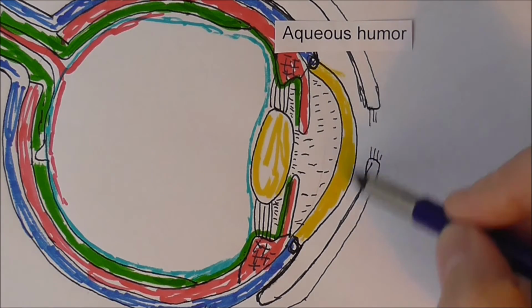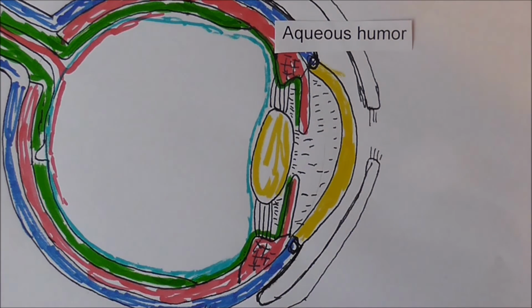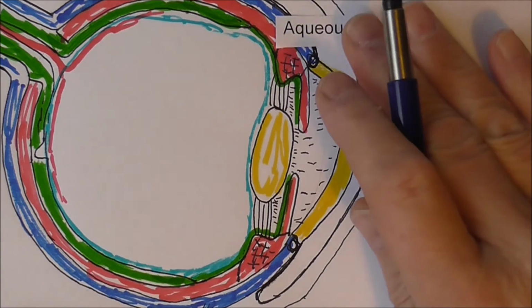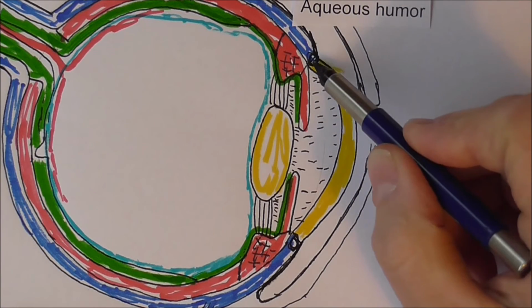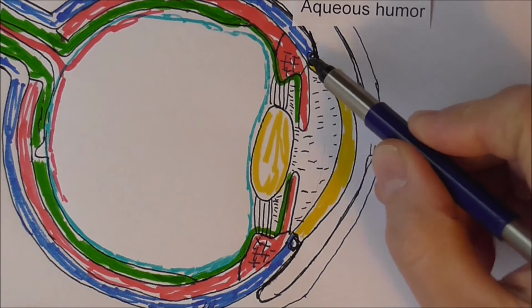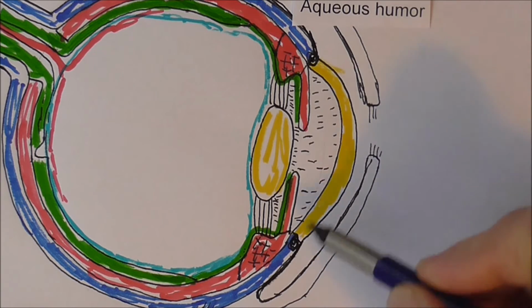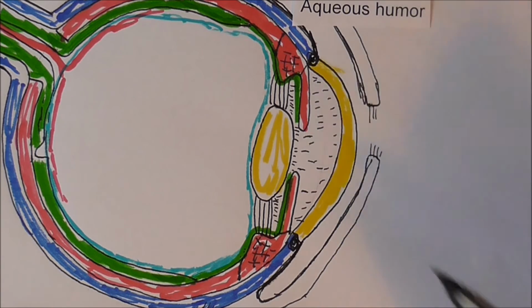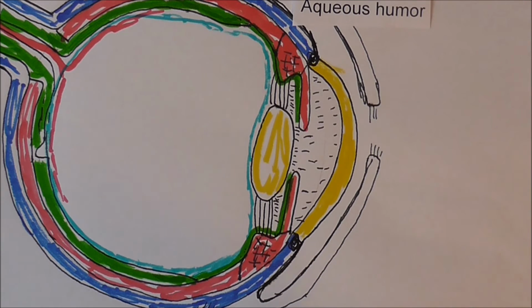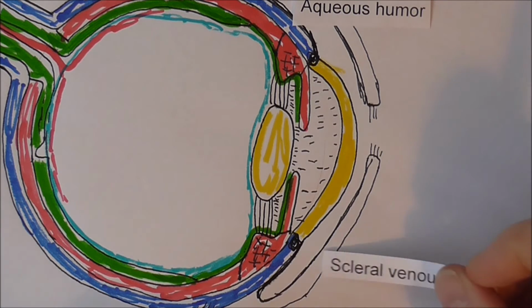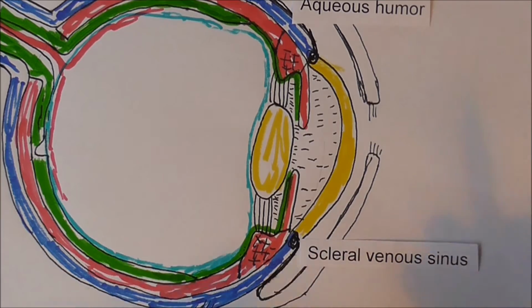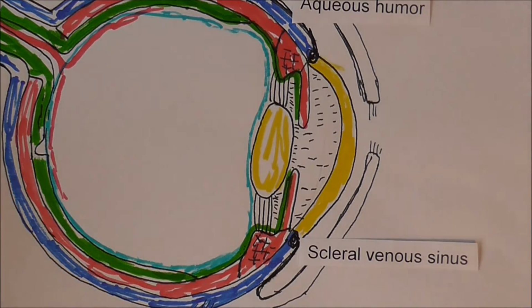The lens and the cornea are avascular, they do not have blood vessels. And the aqueous humour is absorbed into the scleral venous sinus, which is about there, just between the cornea and the sclera, what used to be called the canal of Schlemm. So that's reabsorbed.